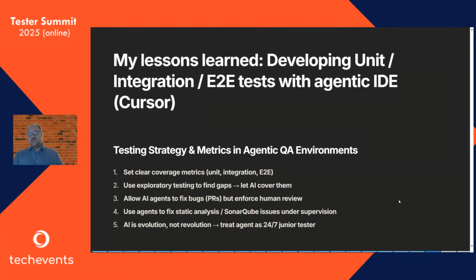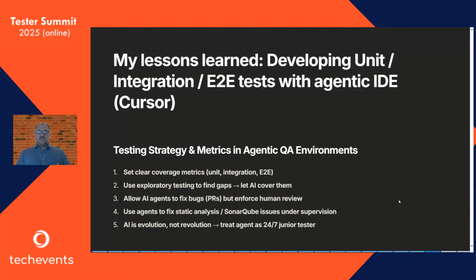And my testing strategy metrics, which I'm using for an agentic QA environment, is to set clear acceptance criteria in the PRD for when we think that these requirements, these tests, are finished. There might be various metrics, such as a coverage metric for unit tests, which will probably work quite well.